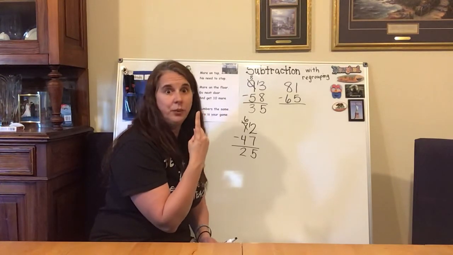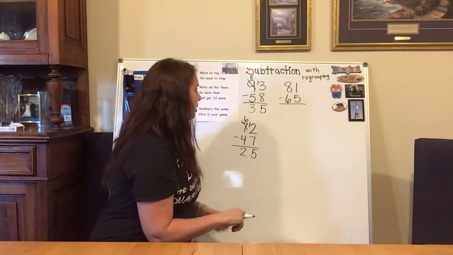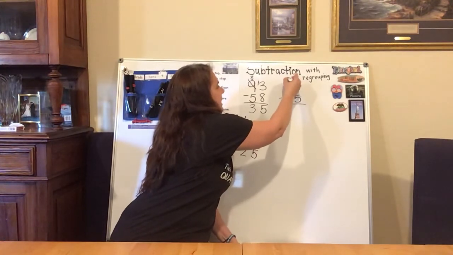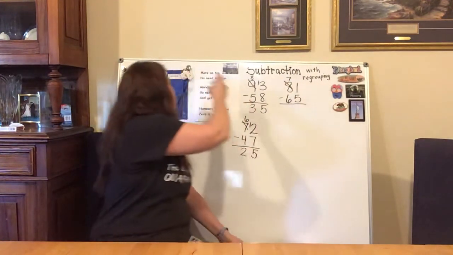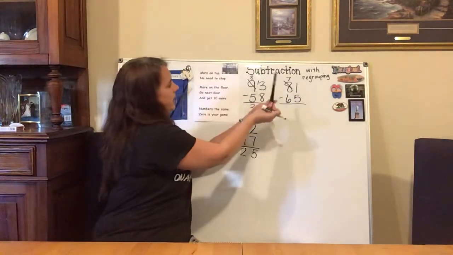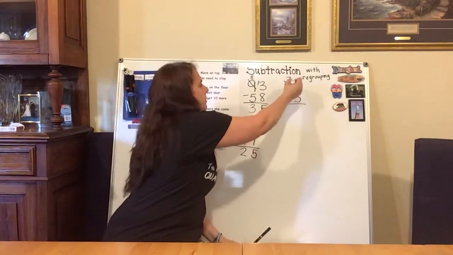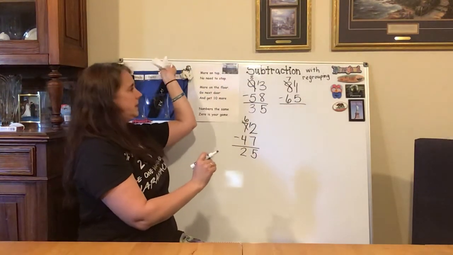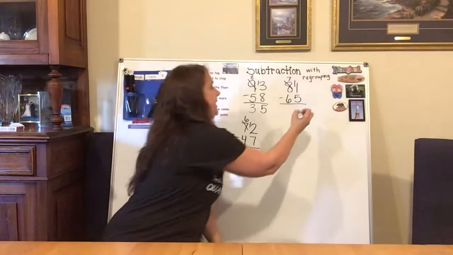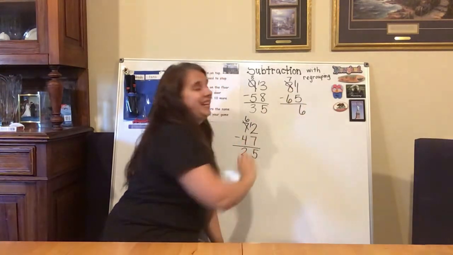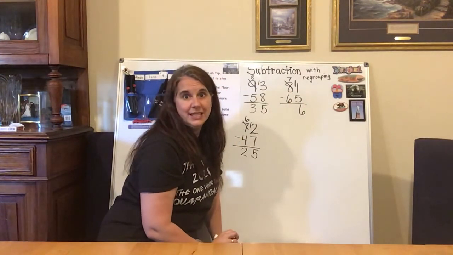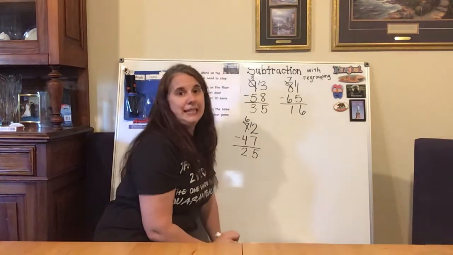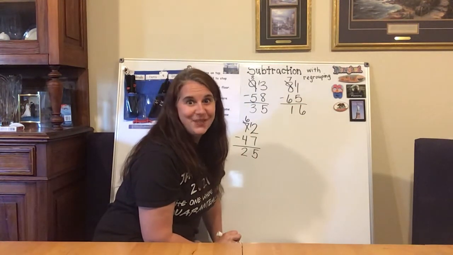Can't take 5 away when you only have 1. So go to your tens place, the 8. Cross that out. That becomes a 7 because you're taking a bundle away from our tens place, you're giving it to the 1. So now this is going to be 11. So 11 take away 5 is going to be 6, and 7 take away 6 is going to be 1. Your answer is 16.